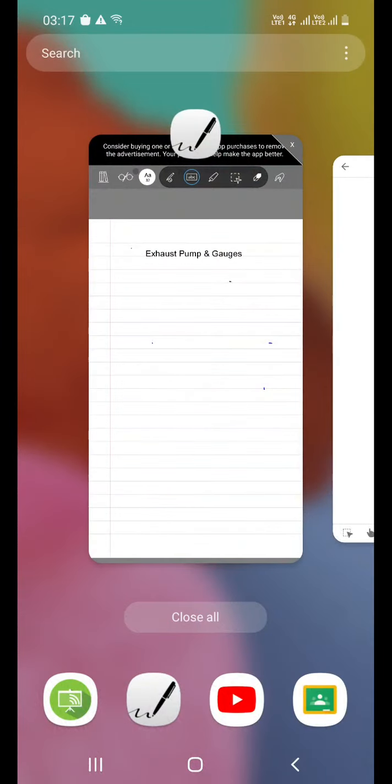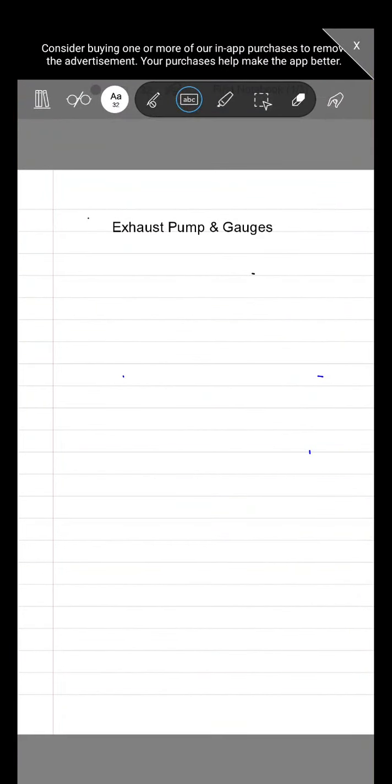Hello students, in this lecture I will talk about exhaust pumps and gauges. Now when we talk about high vacuum, this has a very important role in the modern development of science.